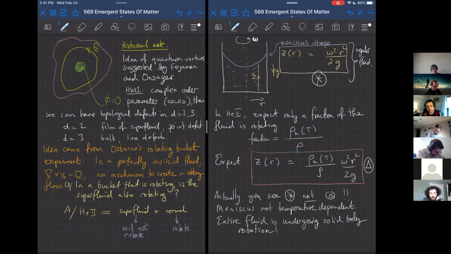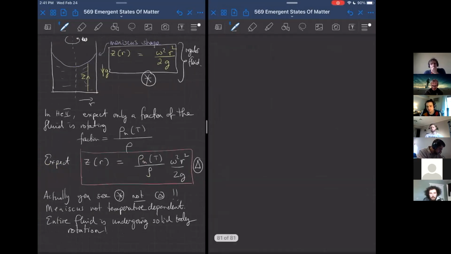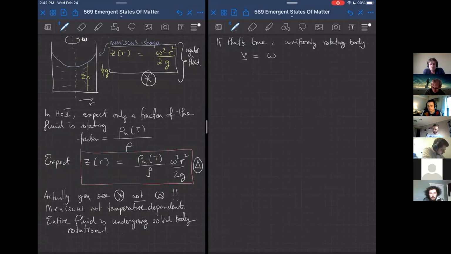So this was a big surprise, and so what that then says is, well, if that's true, then what it says is this: if I have a uniformly rotating fluid, or a uniformly rotating body, then the velocity field at the point r in it from the axis is given by the cross product of the rotation, the angular velocity cross r.